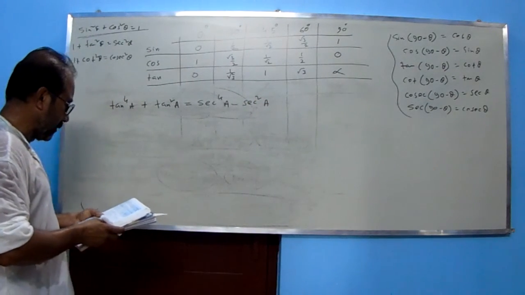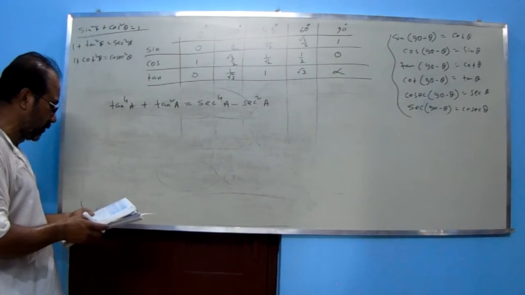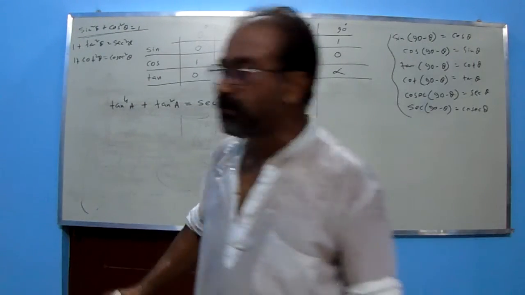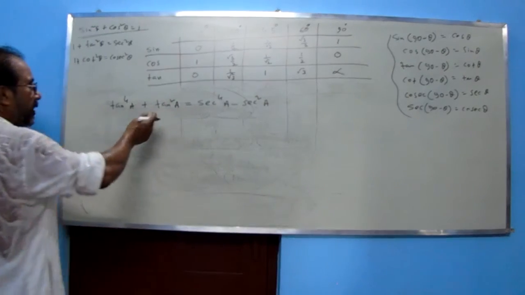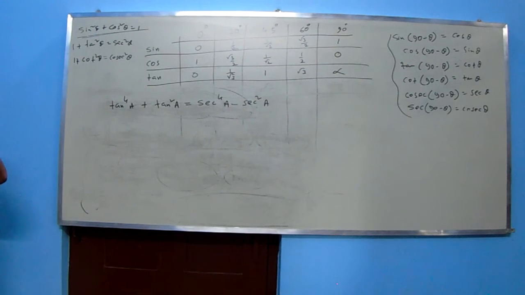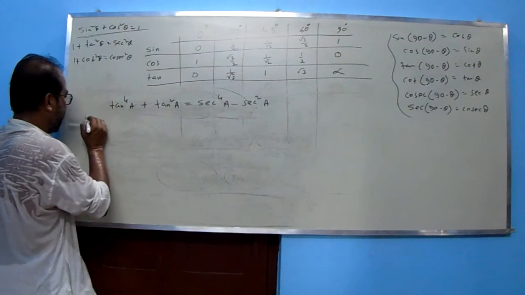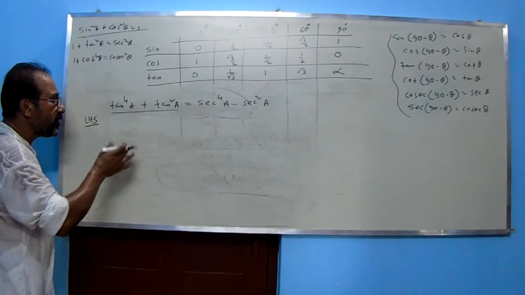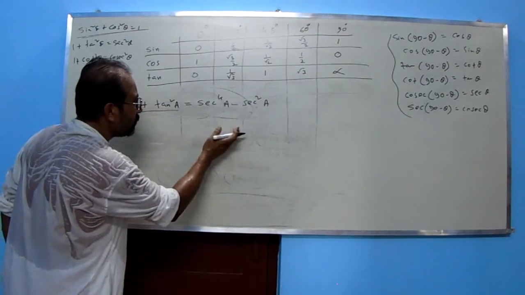Tan to the power 4a minus tan square a equals sec to the power 4a minus sec square a. So all the tan has to be changed over to sec. How to do that? Again from the LHS, the left hand side, we derive the left hand side and reach the right hand side.